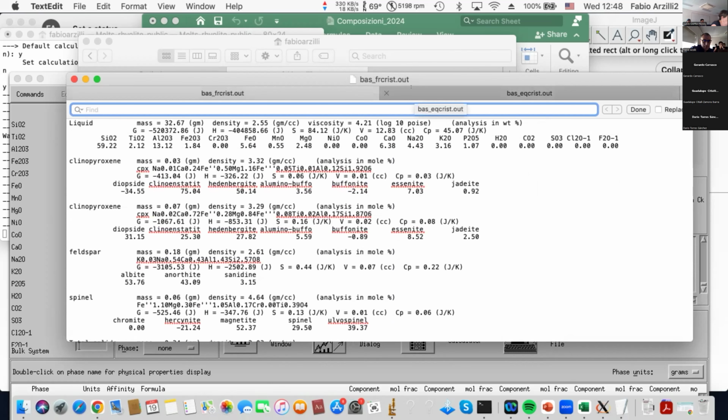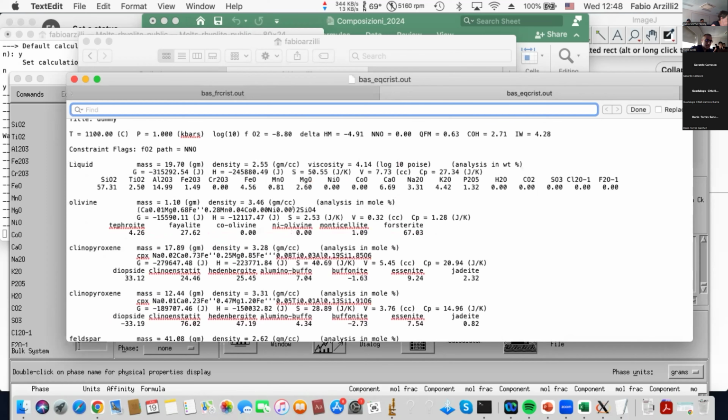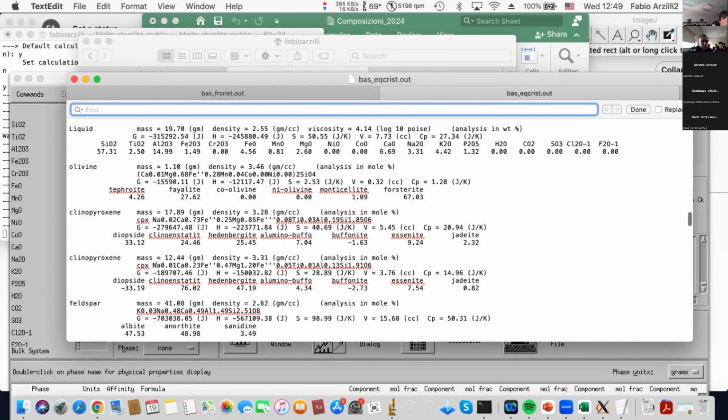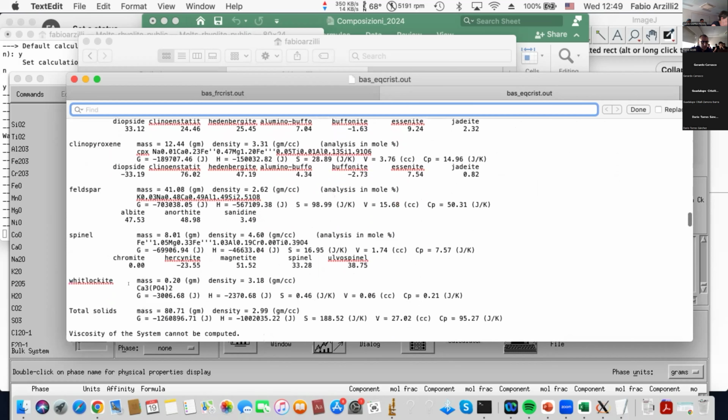Okay. So the difference between the two is that at equilibrium conditions, we still have olivine, clinopyroxene, feldspar, spinel, something weird. And the total mass for solids is nearly 80% more or less. Okay.